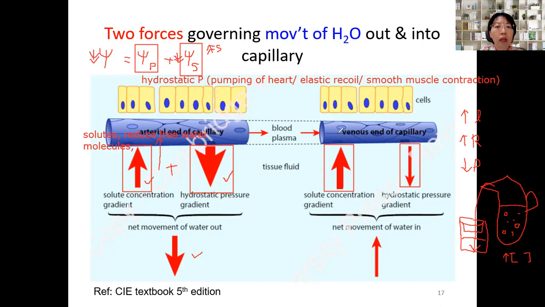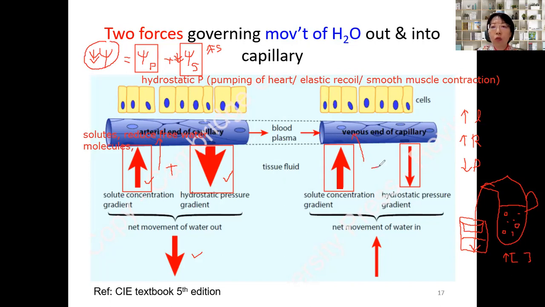Because it is even lower, the concentration gradient between tissue fluid and the blood plasma becomes even steeper. So more water will be pulled back into the blood vessel down the water potential gradient.